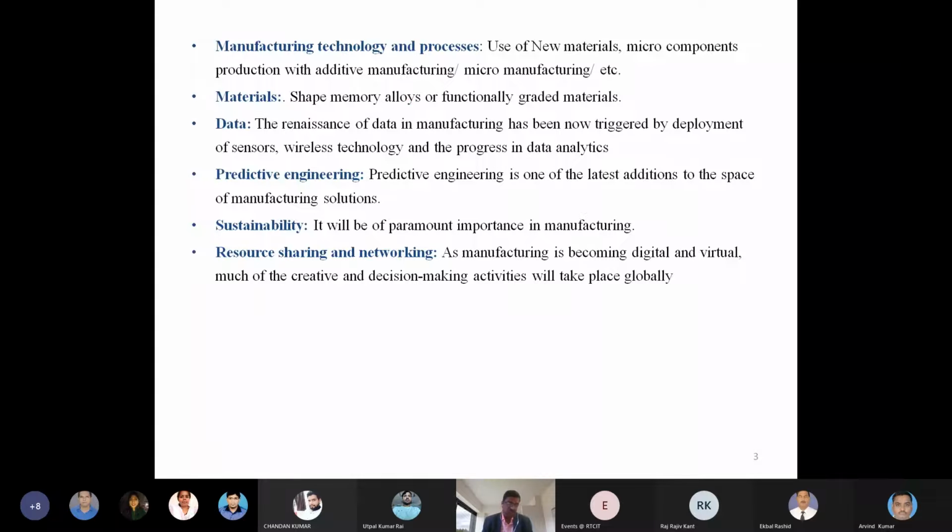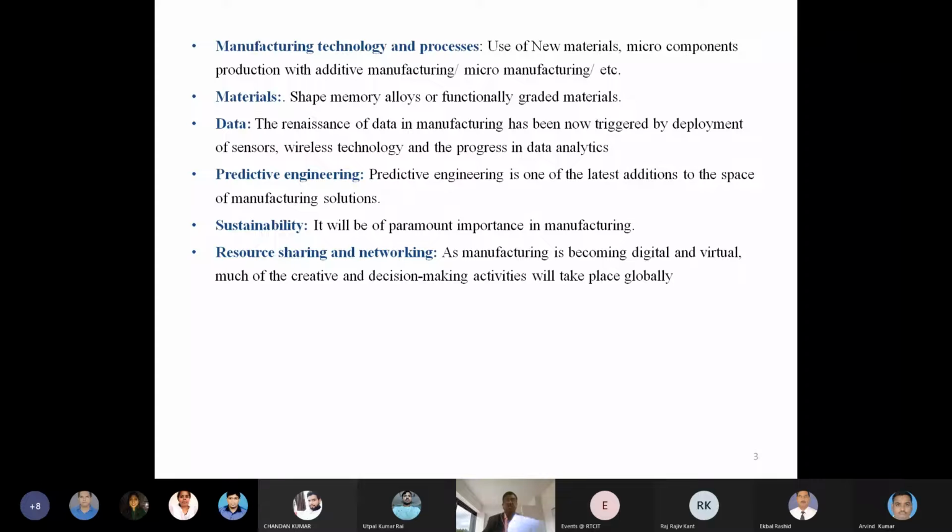These are very commonly used in smart manufacturing, and correspondingly the manufacturing processes are required to evolve to suit these materials. And of course the data. The renaissance of data in manufacturing has now been triggered by the development of sensors and wireless technology and the processes in data analytics.